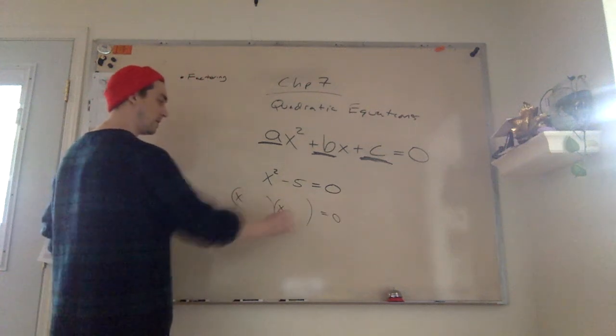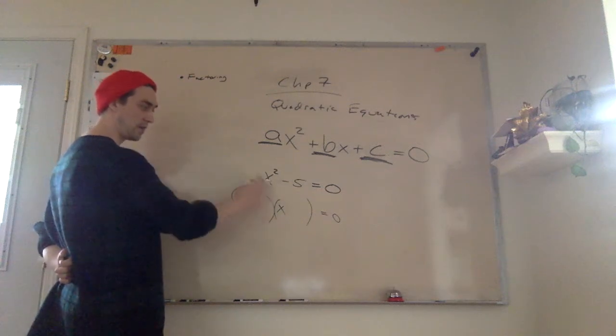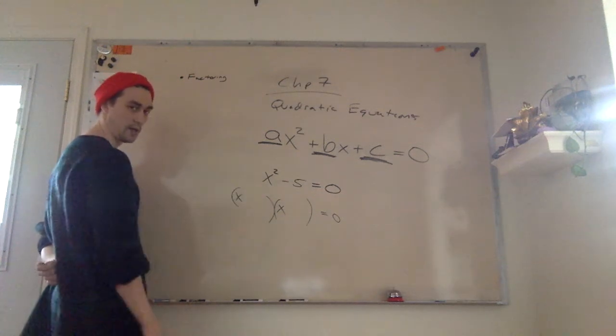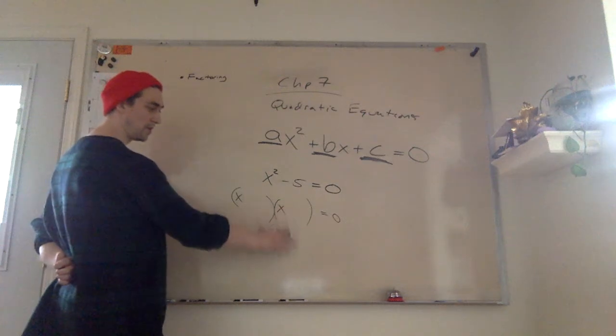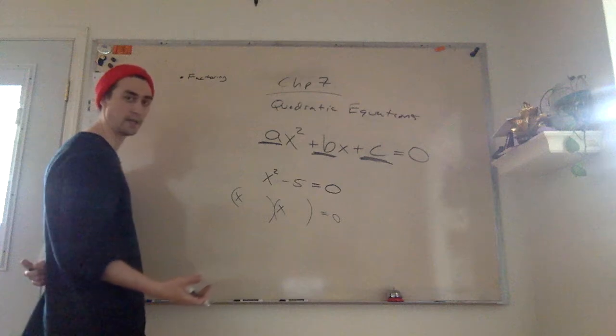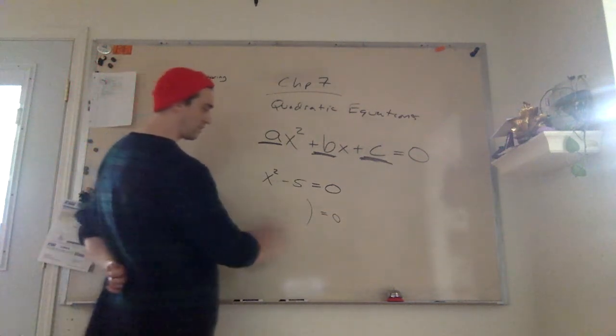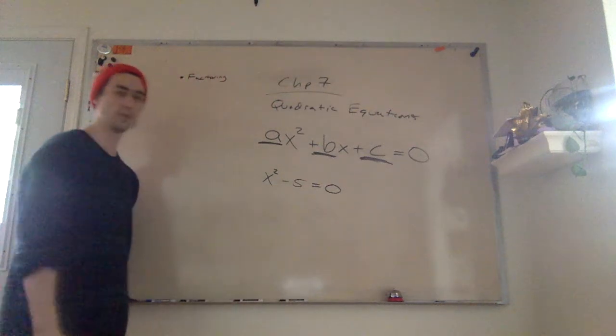Because if you try to, you've got x squared, because it's x and x. But now you're looking for two numbers that multiply to negative 5 and add to 0. And you're not going to find anything using whole numbers. So that's not factorable the way that we've been talking about factoring.